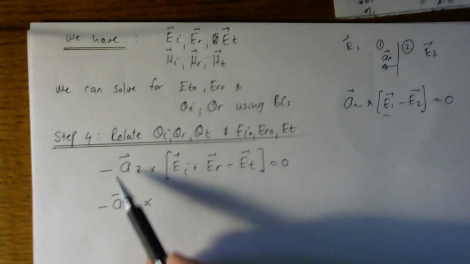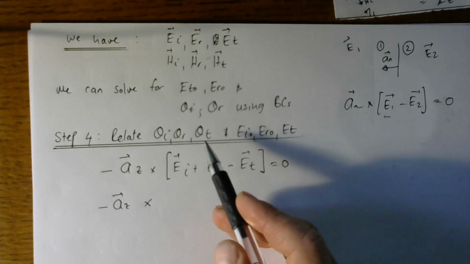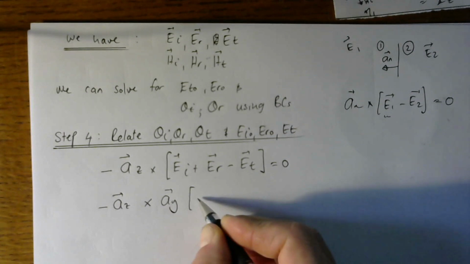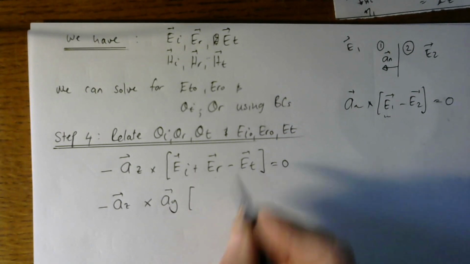So I have minus AZ cross AY times, and then I'm just going to substitute in my expressions for the electric fields in here.